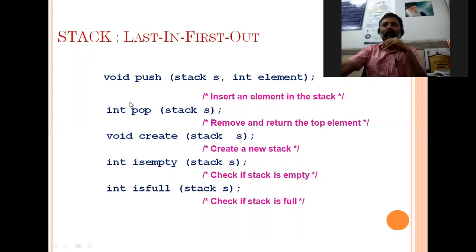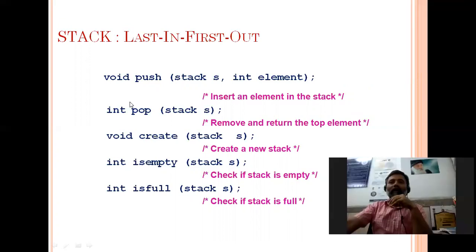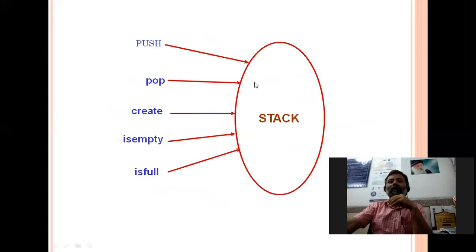In the same way, we can create a stack. We can check whether the stack is empty or full. These types of operations we will learn. So before that, what is stack? You can see push, pop, create, is empty and is full.